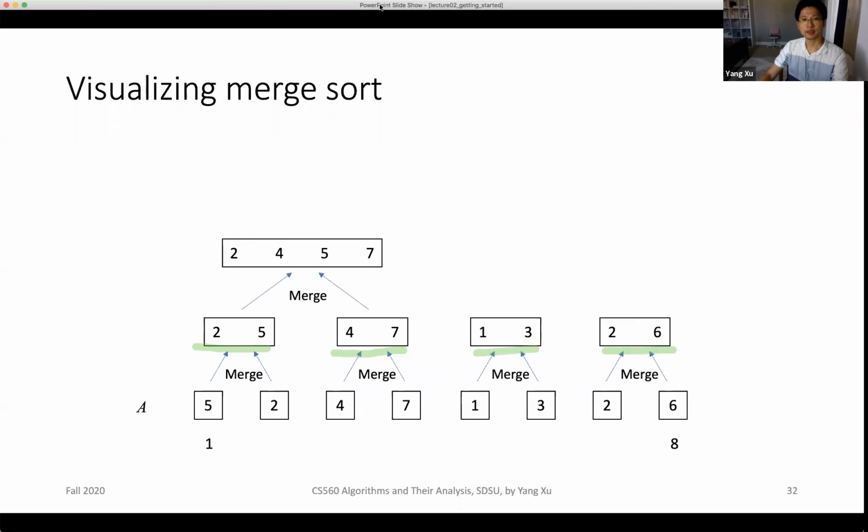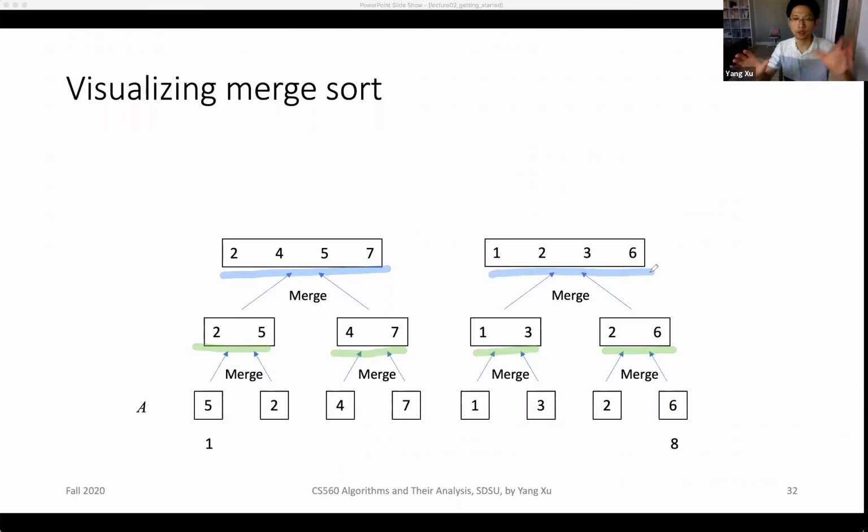Next layer is like we need to merge the subarrays 2, 5 and 4, 7. If we merge these two, the result will be 2, 4, 5, 7. Okay. And merging 1, 3 and 2, 6 will result in 1, 2, 3, and 6. They are all in sorted order.